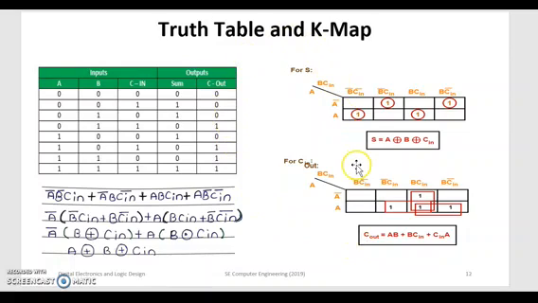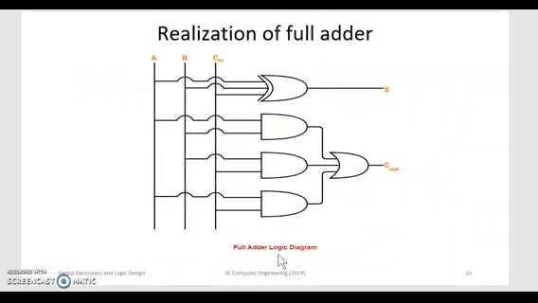Here for sum we will require two XOR gates. Here we will require OR gates and AND gates. See the realization. For sum, the equation was A XOR B XOR C in. So these three inputs are given to this XOR gate to get the sum as output.